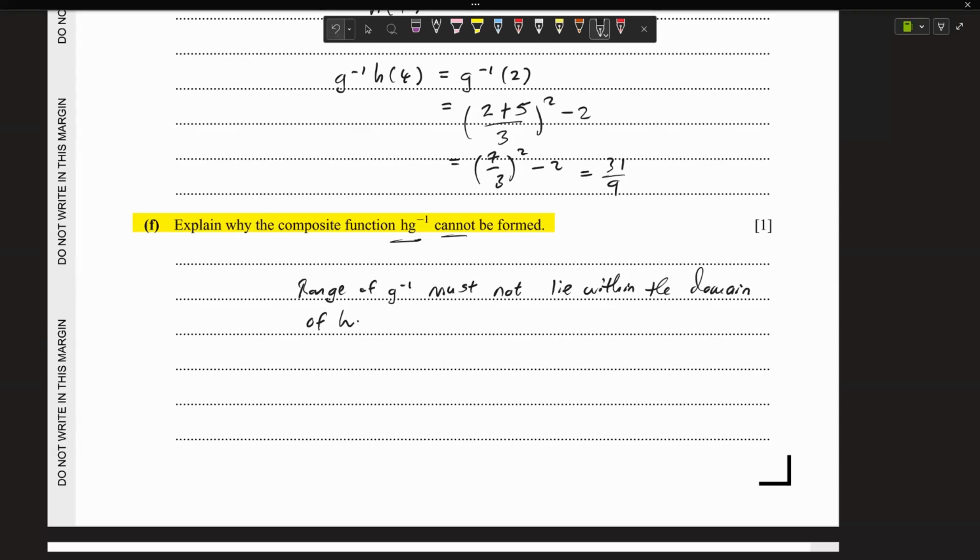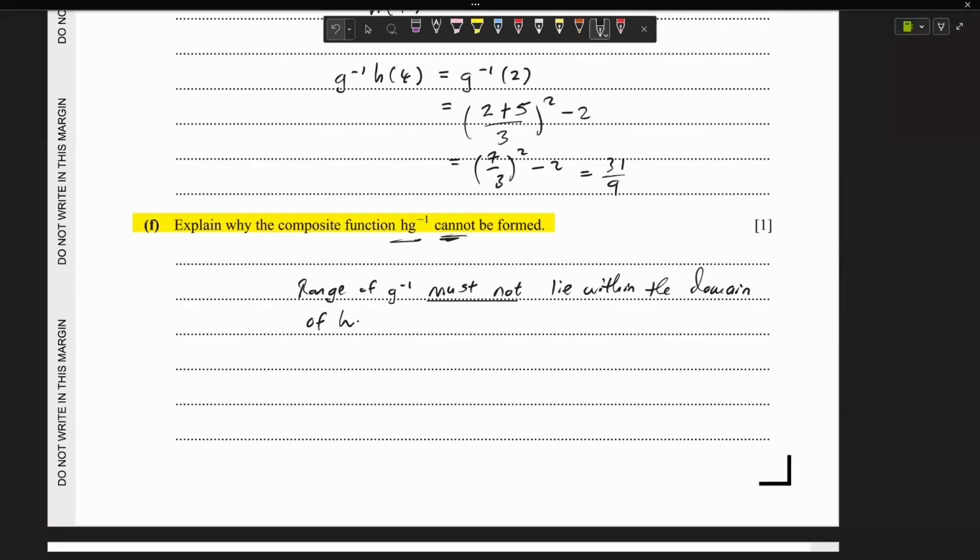But in this case they say it cannot be formed. So if h of g inverse of x cannot be formed, it means that the range of g inverse does not lie within the domain of h.